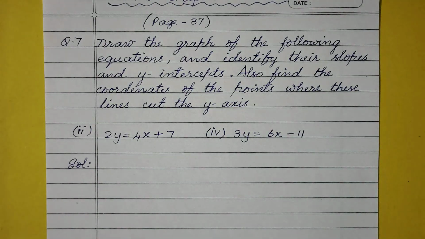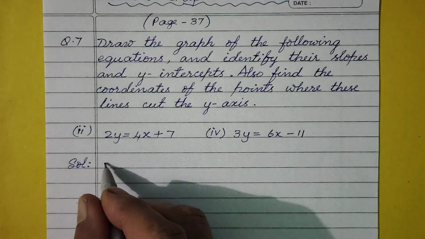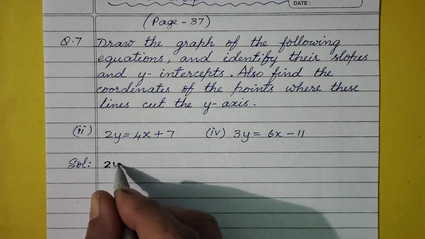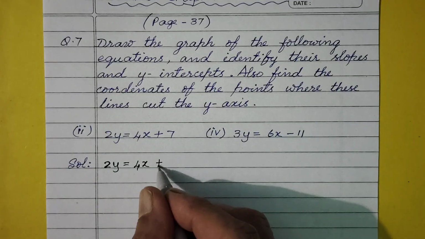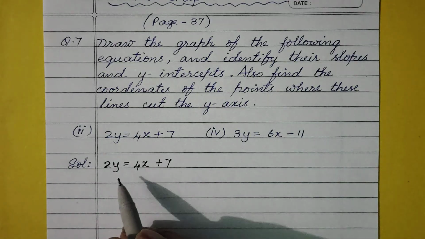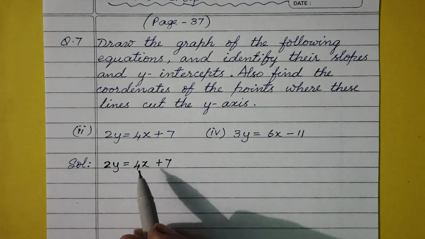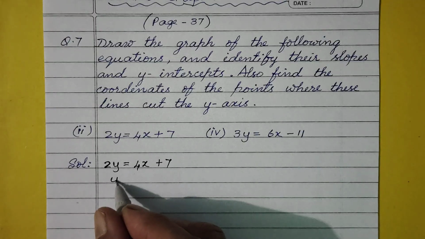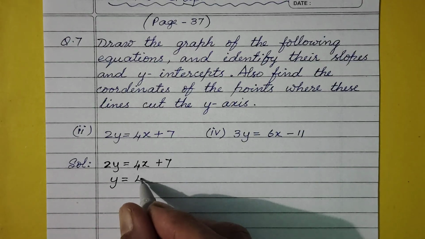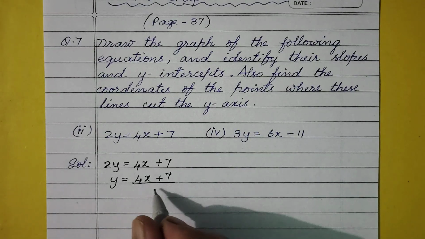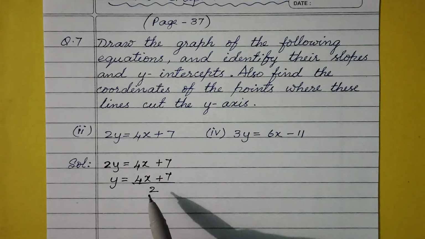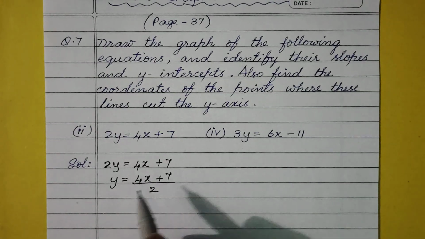2y equal to 4x plus 7. So now I'll bring it in the standard form. So y will be equal to 4x plus 7 the whole divided by 2. I will split this 2 for both the terms.